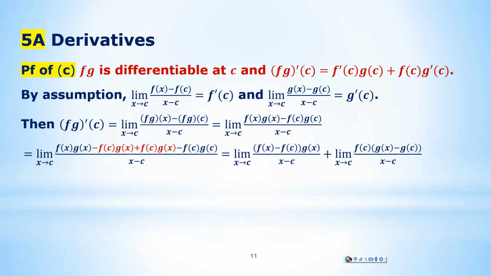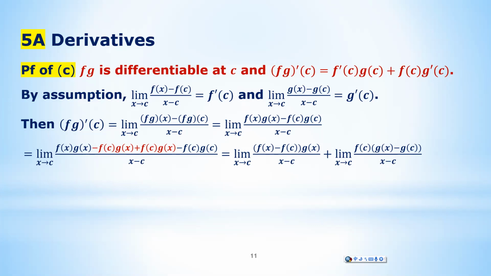In the first limit, the first two terms have g(x) as a common term, so the expression can be written as (f(x) minus f(c)) times g(x) divided by x minus c. In the second limit, f(c) is a common term, so you can write it as f(c) times (g(x) minus g(c)) divided by x minus c. So we are making progress to reduce to individual limits.